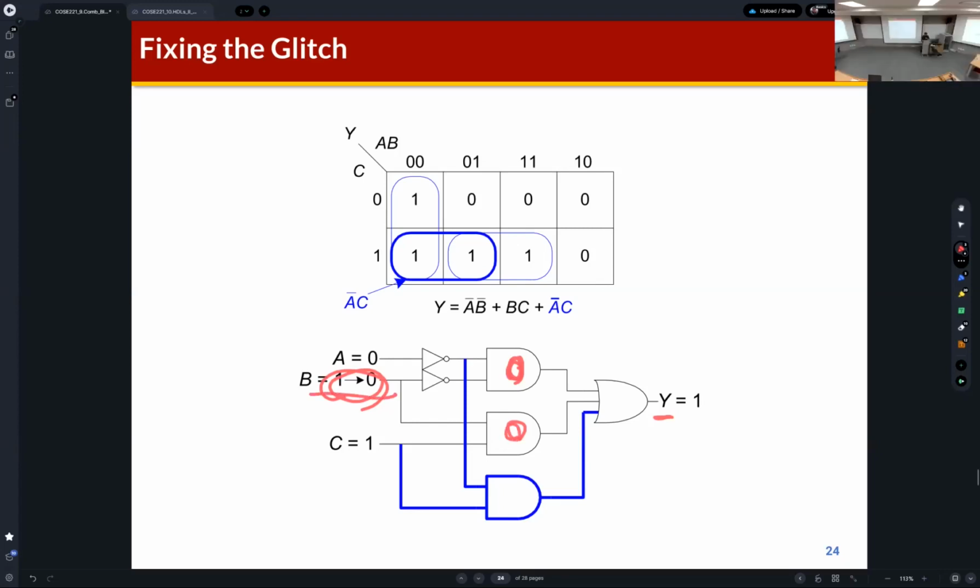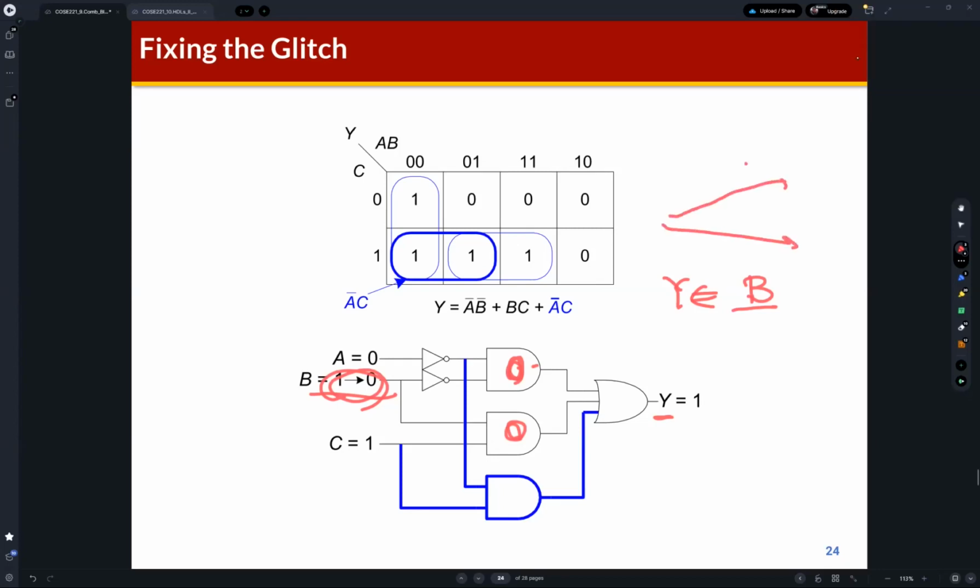So when B is changed, we can find different paths or different delays to the two inputs of this Y. So in this situation, Y is determined by B, only B, right? And B goes through different paths, like the upper path and then the lower path. So if Y is determined by other signals except B, then we can avoid glitches, right?